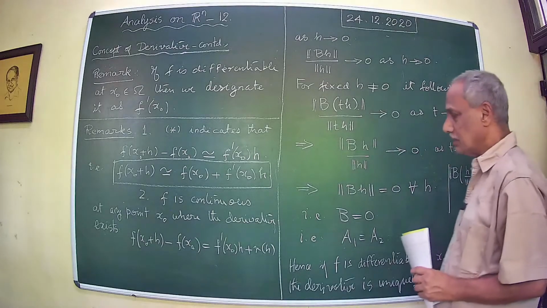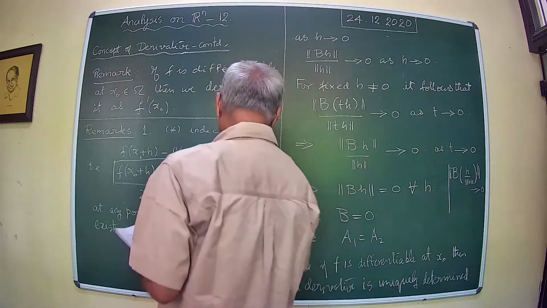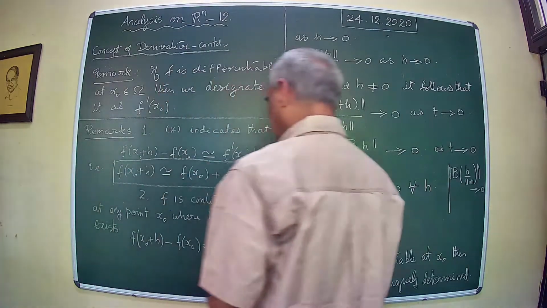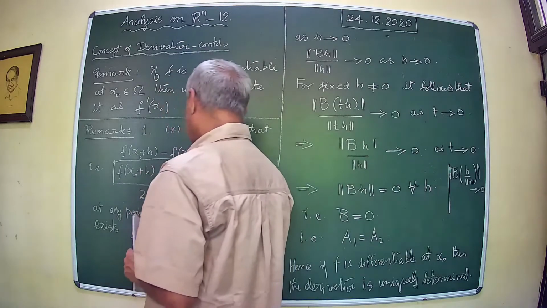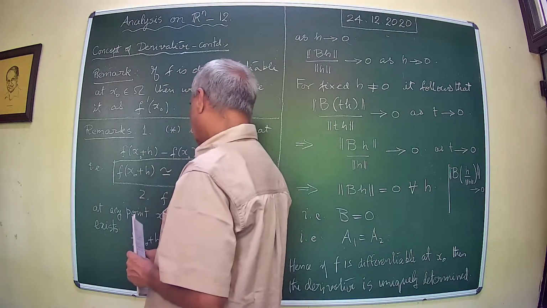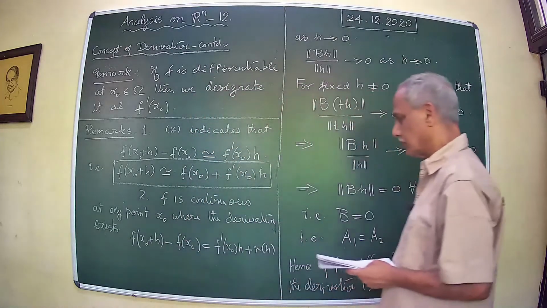Now you see that as h tends to 0, the right hand side goes to 0. Therefore, as h tends to 0, f of x naught plus h goes to f of x naught. So that follows from that.